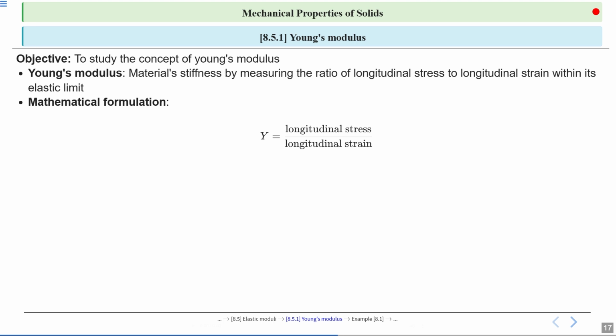This formula helps us compare the stiffness of different materials. So we can also write this as Y equal to sigma divided by epsilon, where sigma stands for stress and epsilon stands for strain. Remember, a higher value of Y means the material is stiffer and resists deformation more.